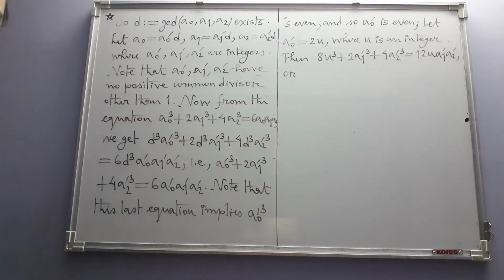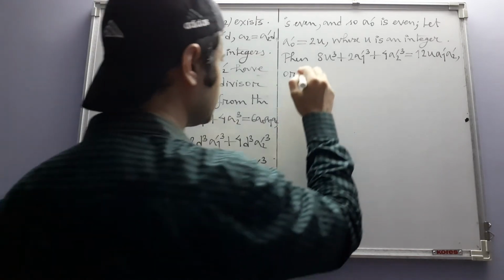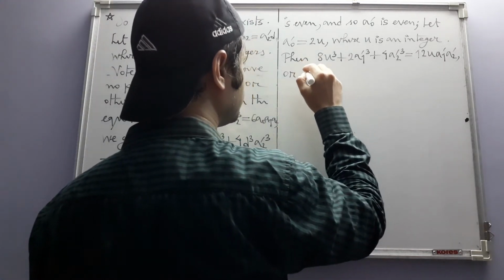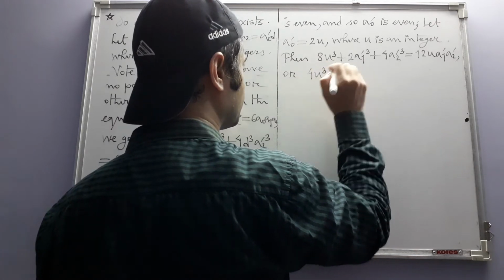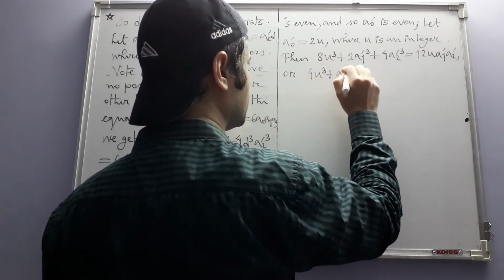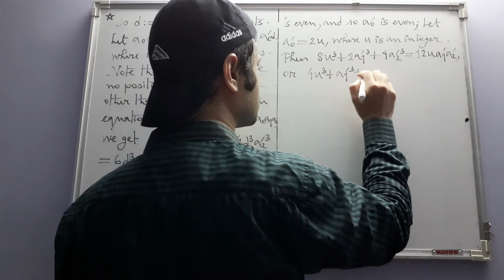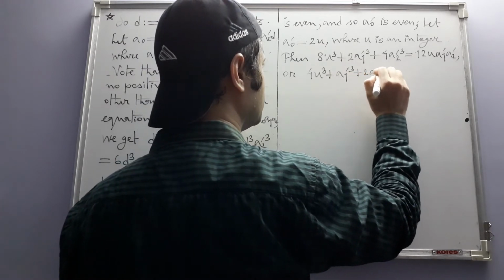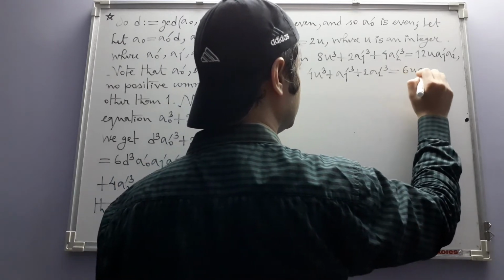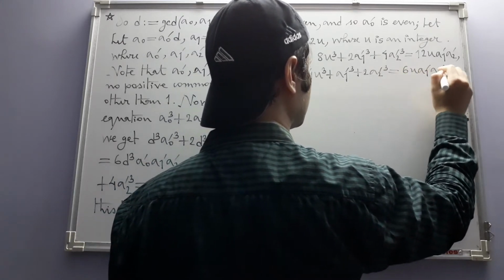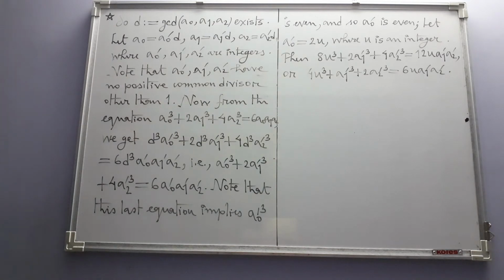Now dividing both sides by 2, we get 4u cube plus a1 prime cube plus 2a2 prime cube. This is equal to 6u a1 prime a2 prime.